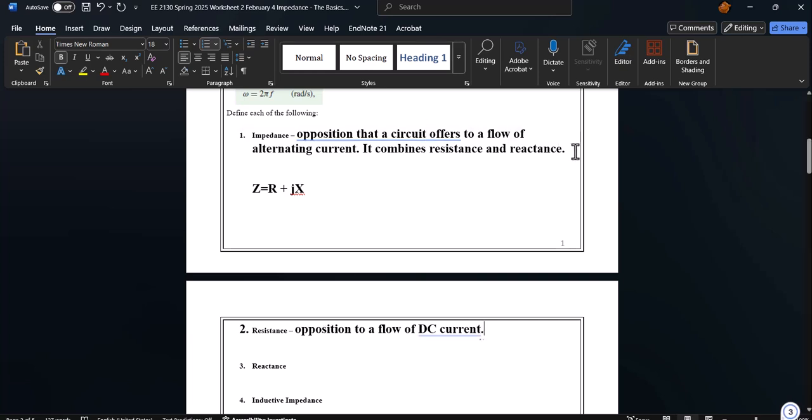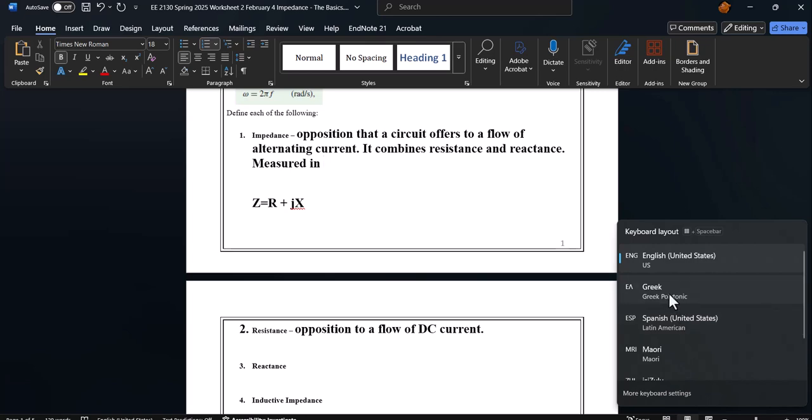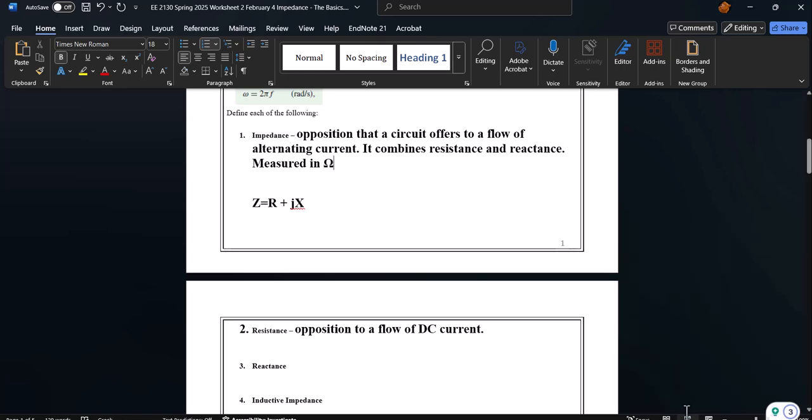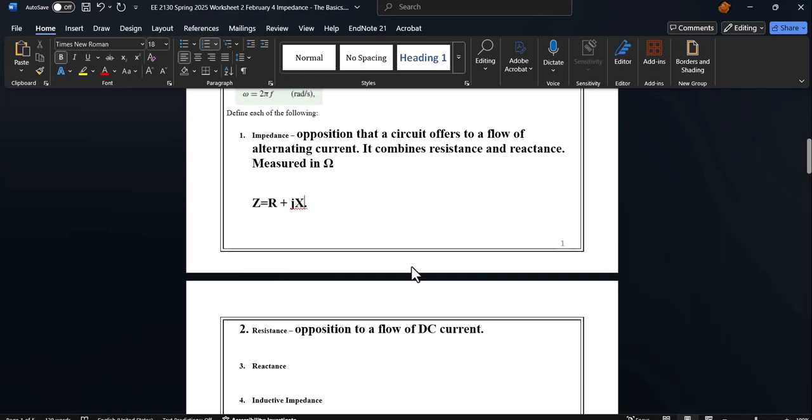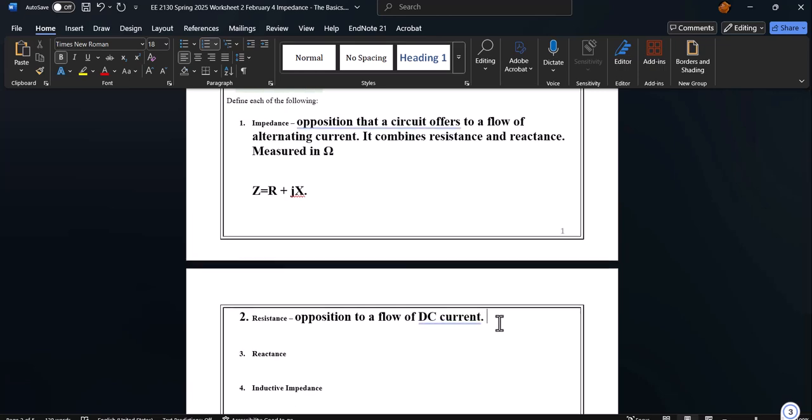Oh, by the way, impedance is measured in ohms, just like resistance. So resistance is opposition to a flow of DC current. It doesn't depend on the frequency.